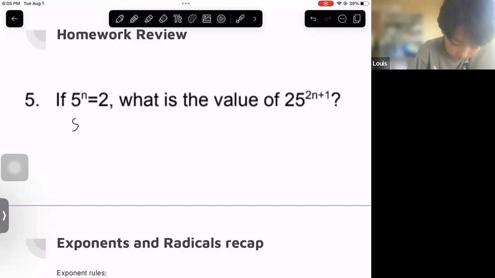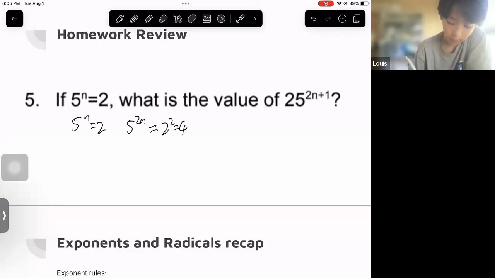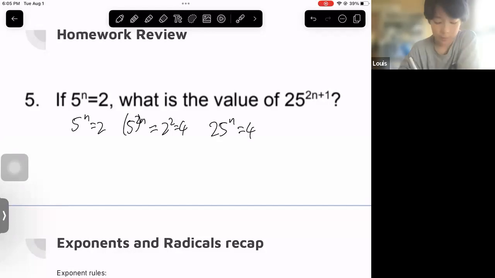So 5 to the n equals 2. If we square both sides, it gives us 5 to the 2n equals 2 squared, which is 4. So we have 25 to the n is equal to 4, because it's just like 5 squared to the n, which is 25 to the n.